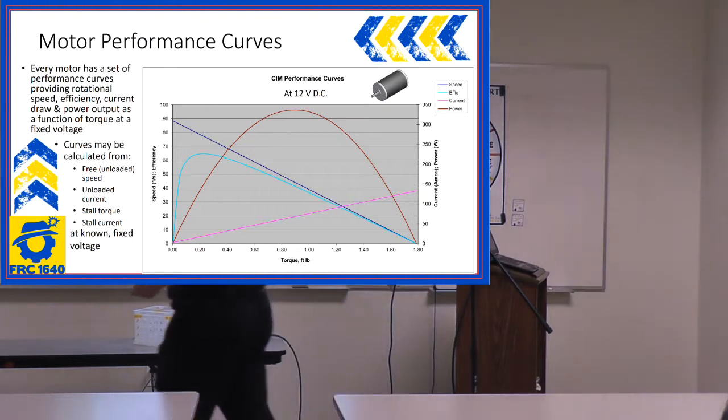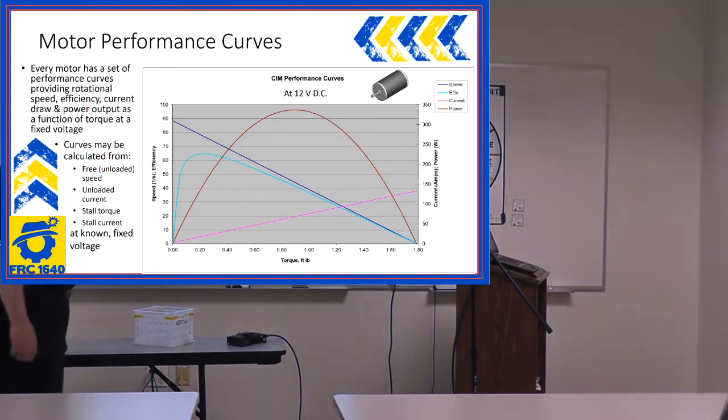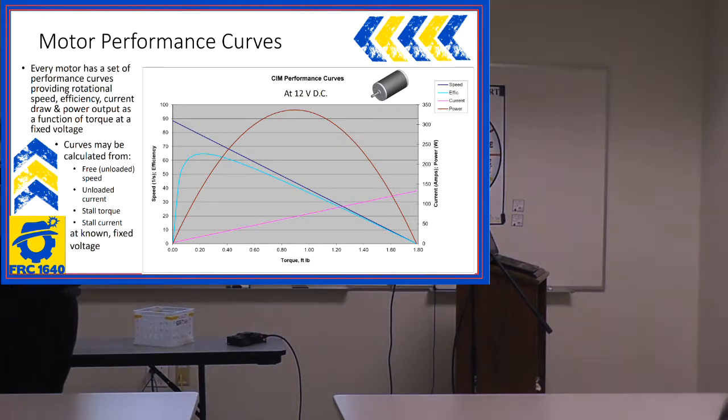The key parameters are here. You've got a speed at free speed. If there's zero torque, if your motor is just plugged in, turning, and you have no resistance, that's the free speed. That's at the blue line at zero torque. You also have the current at zero torque, because you still draw some current even if there's no resistance.